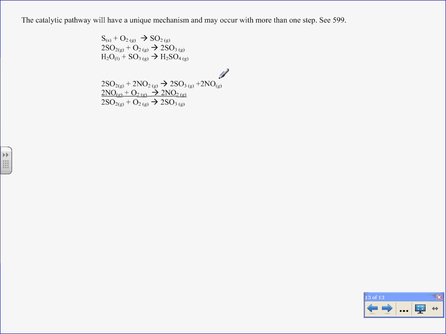It doesn't look like much of a change, but what we can say is that this catalyzed reaction has a lower activation energy, so it's going to happen quicker than this one that's given up here. So a catalyst can simply change the pathway of the reaction and make it go faster in that way.